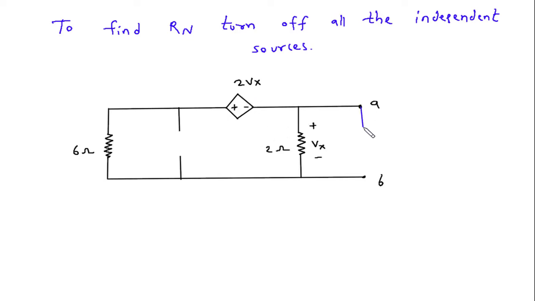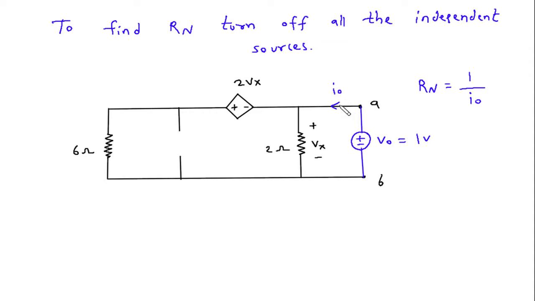Now this 2Vx is the dependent source. So to find Rn, we will apply 1 volt voltage source. Let's say this is VO with 1 volt and this is IO. So from this we can find the value of Rn. Rn will be equal to VO, which is 1, by IO. So we need to find IO to find Rn.